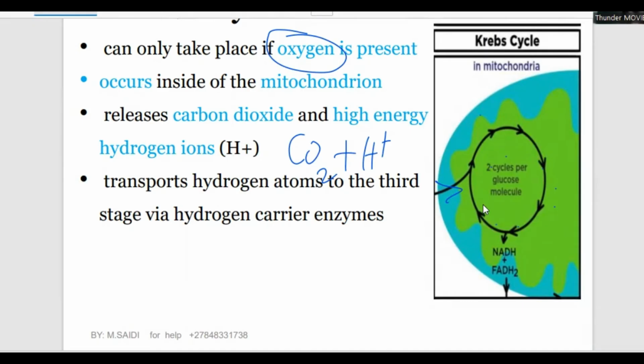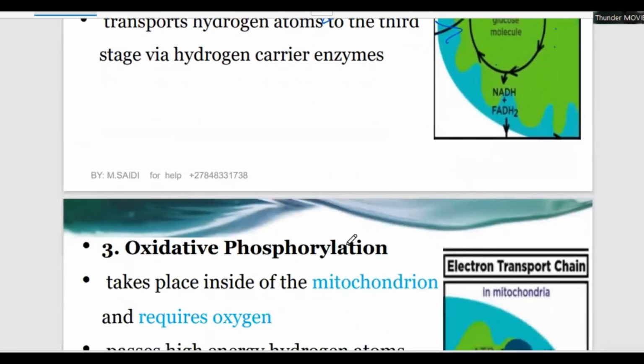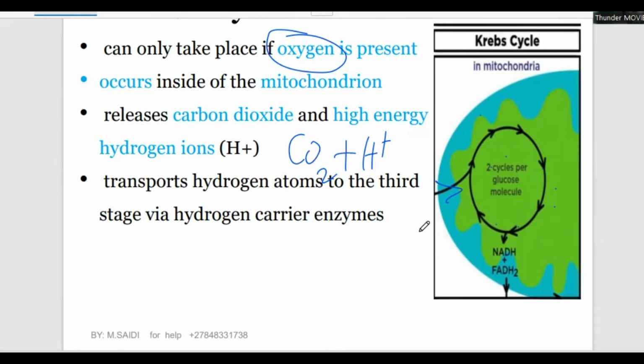This transports hydrogen atoms to the next stage of respiration. So what we have produced here is the NADH and the FADH2. They enter the oxidative phosphorylation, but the carbon dioxide which is produced here is a byproduct.